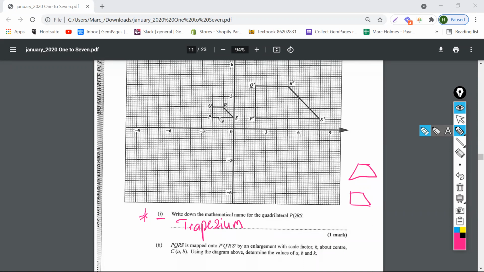From looking at these two shapes, this one over here and this one over here, what's the scale factor here? It's an enlargement. It says PQRS is matched onto an enlargement over here. And what's the scale factor for the enlargement?